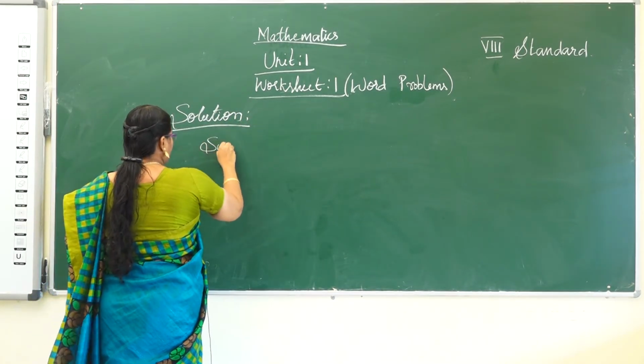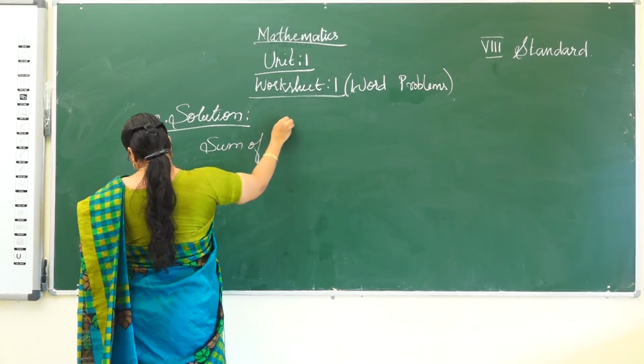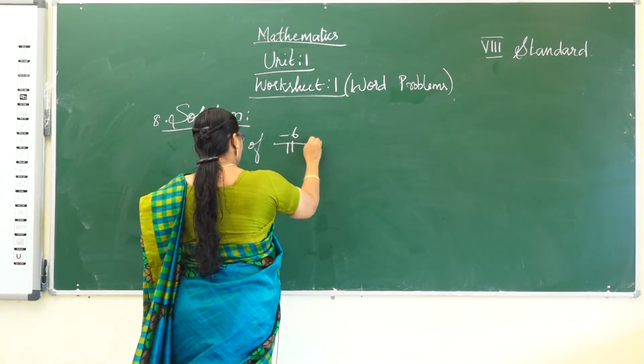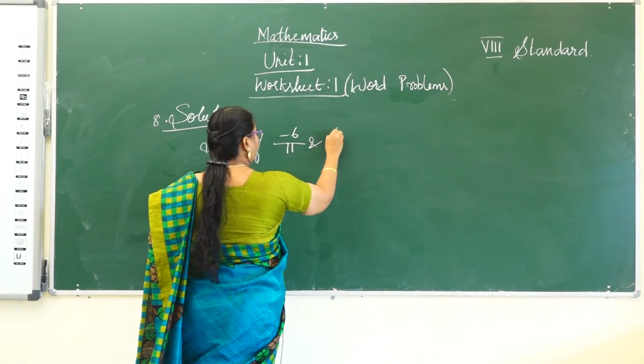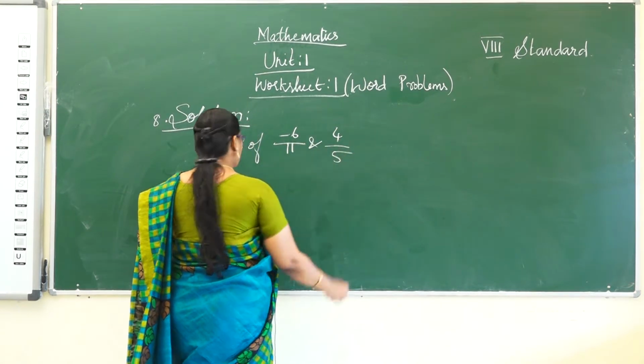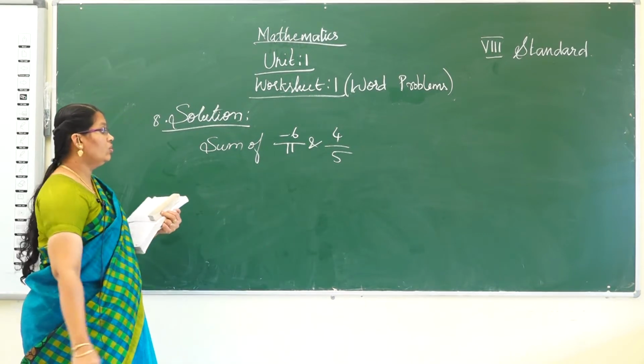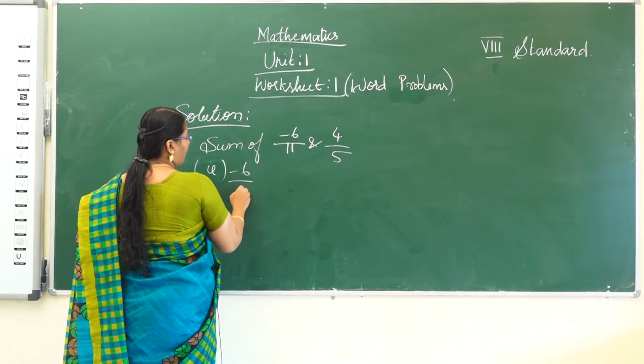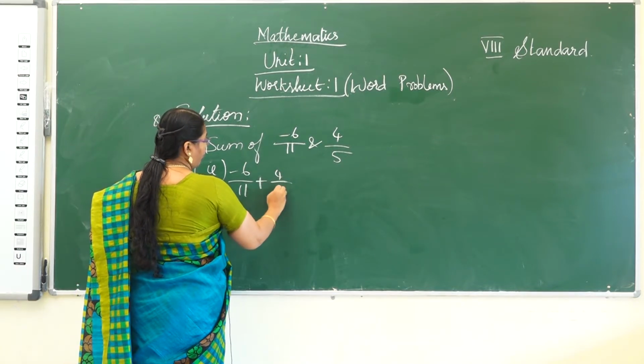First one, the sum of minus 6 by 11 and 4 by 5. Sum means add these two fractions. That is minus 6 by 11 plus 4 by 5.